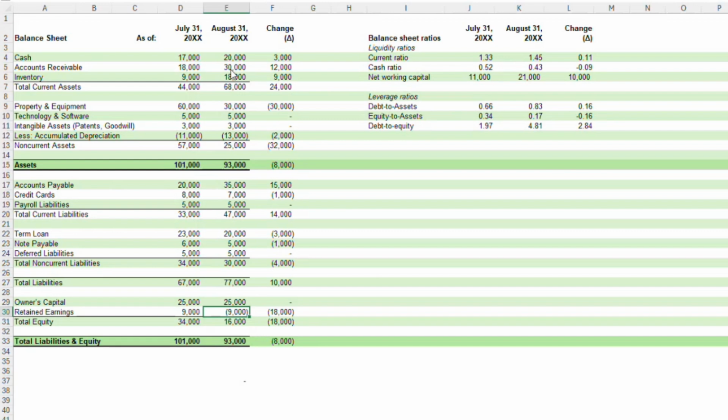So again, this tells you what the problem is. It doesn't necessarily tell you what the symptoms are. So that's where you start doing a little more digging. But if you don't look at this, you won't know where to dig, right? You've got to be able to read your financial statements to figure out where your problems are.